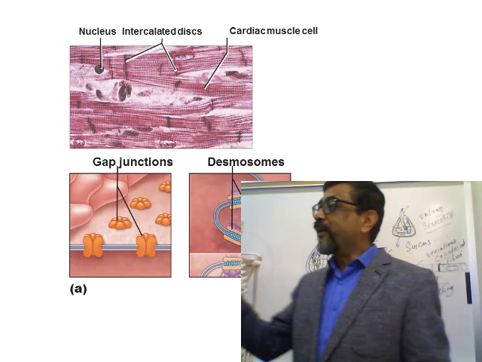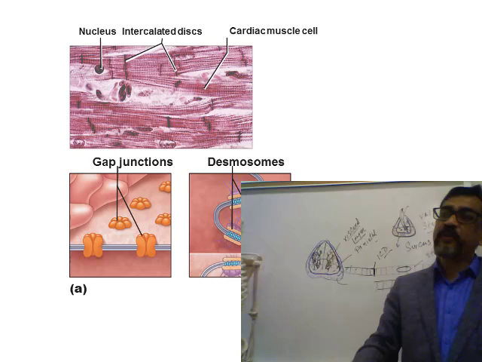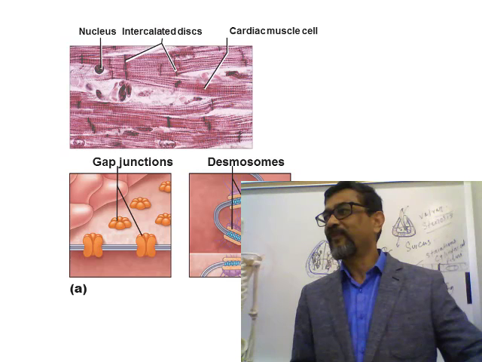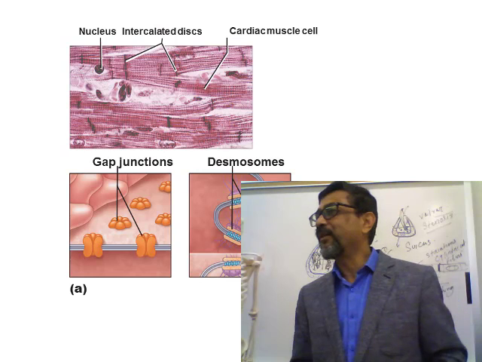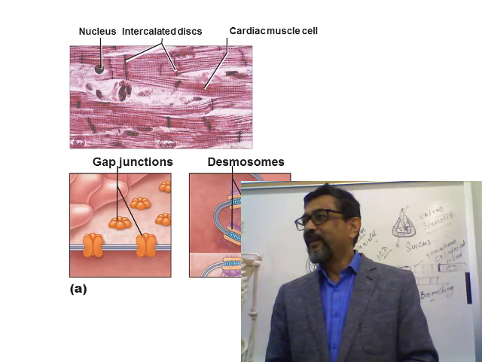Number two, at the same time you have channels, gap junctions, in the intercalated disc. So both desmosomes and gap junctions, or channels, are present. So what happens? The fluid or ions can quickly move from one fiber to the next because of the channels.